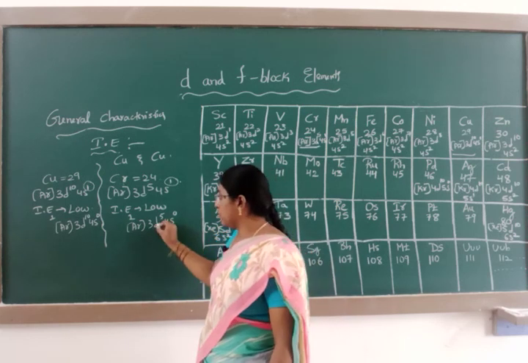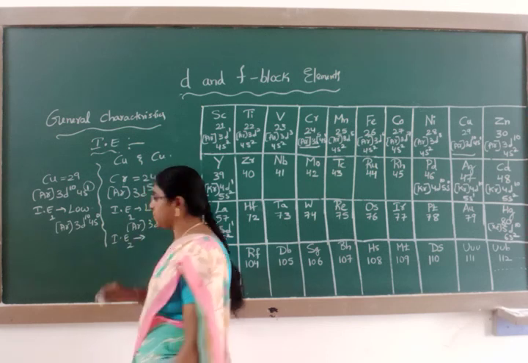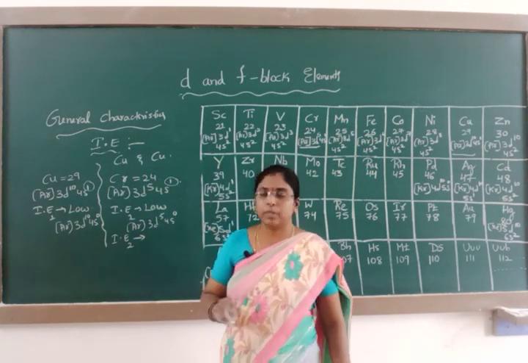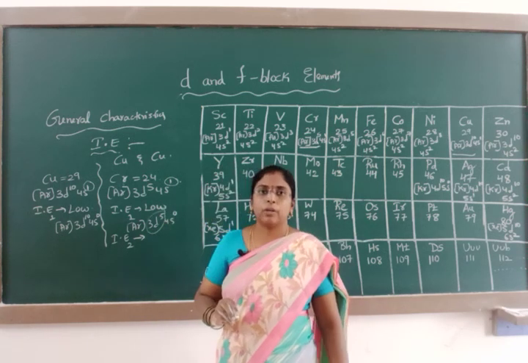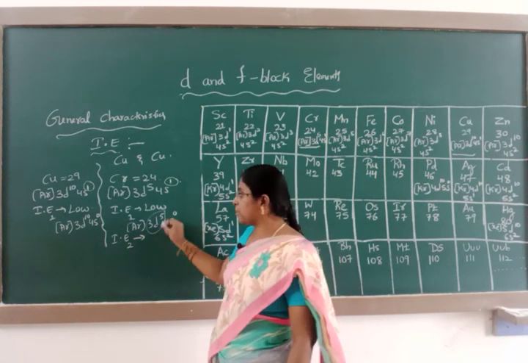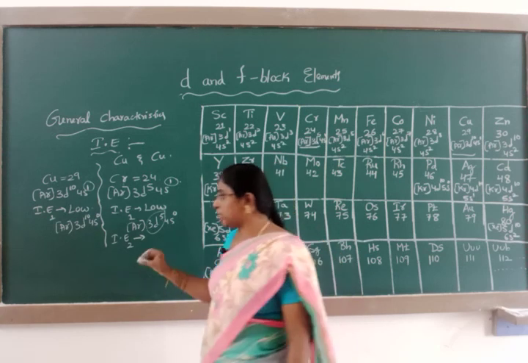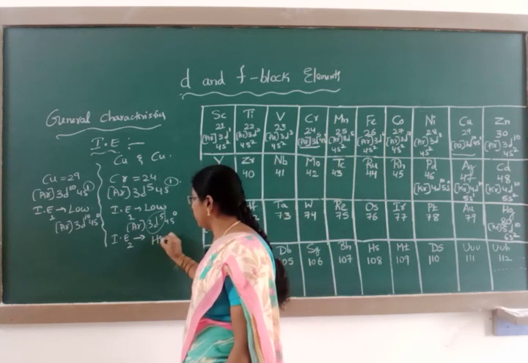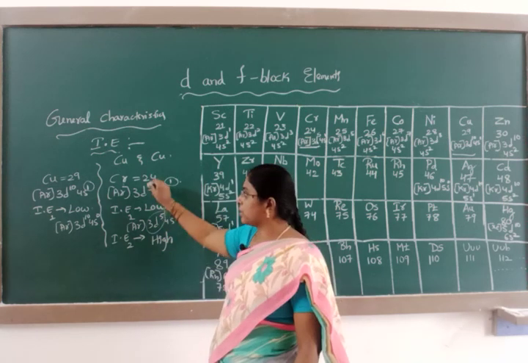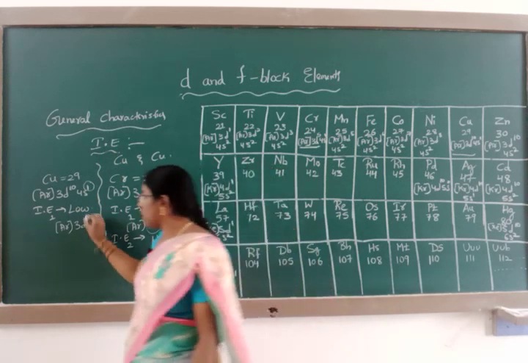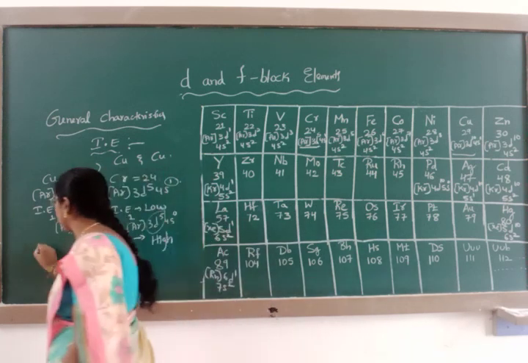If we go for second ionization enthalpy, from where do we have to remove the electrons? We have to remove the electrons from the stable half-filled orbitals. To remove electrons from stable half-filled orbitals, the energy required is very high. The second ionization enthalpy will be high in the case of chromium as well as copper, because of the completely filled d orbital.